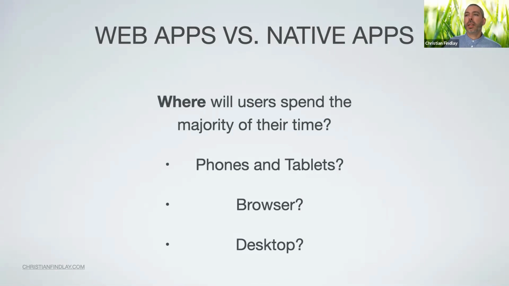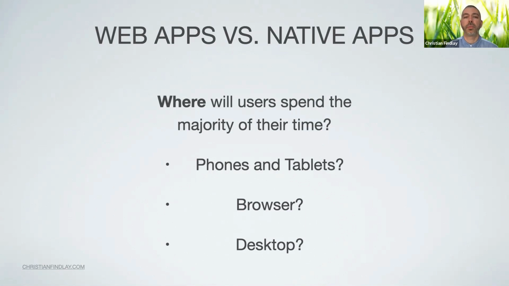Okay, another thing that's really important to have a think about is, what's the form factor, or where are the users going to be spending their time? If you're serving static content, if you are mostly just educating people coming by, reading information from a static page, then targeting the browser is obviously the most important thing.